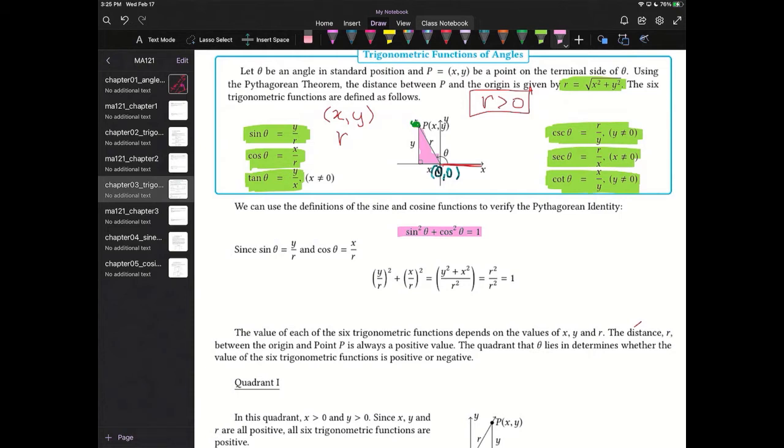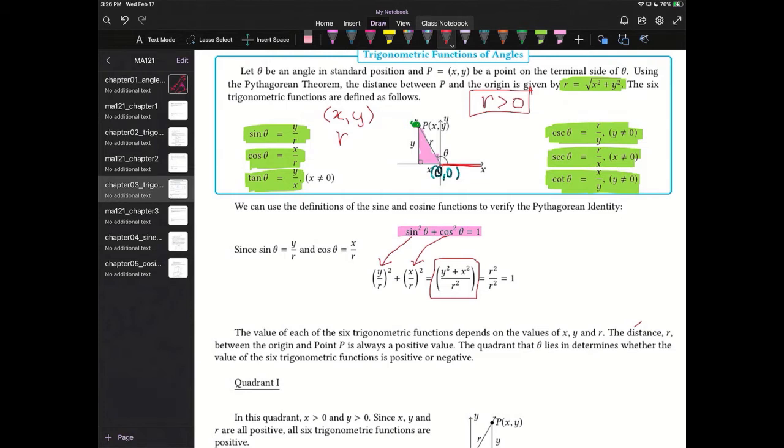Now, if you use the definitions above of sine, so for example, sine is defined as y over r, if you square that quantity and add it to the square of the quantity that corresponds to the cosine in this new definition, which is x over r, you get that y squared plus x squared is divided by r squared. Okay, so it's just adding those fractions after you take the square.